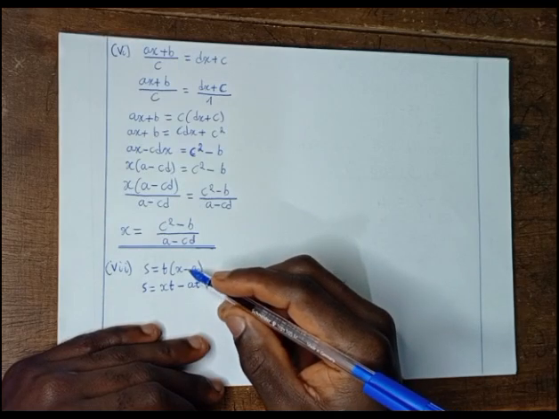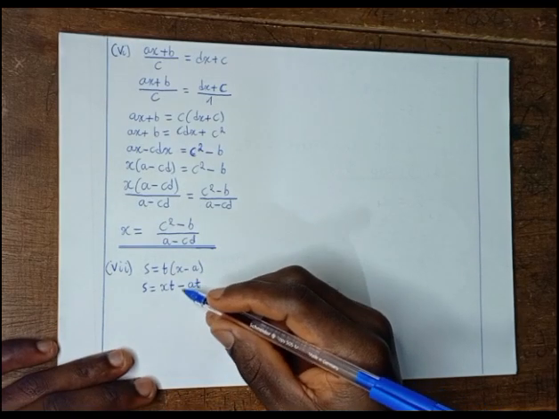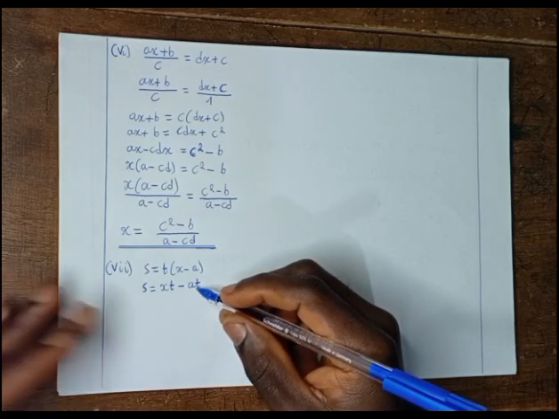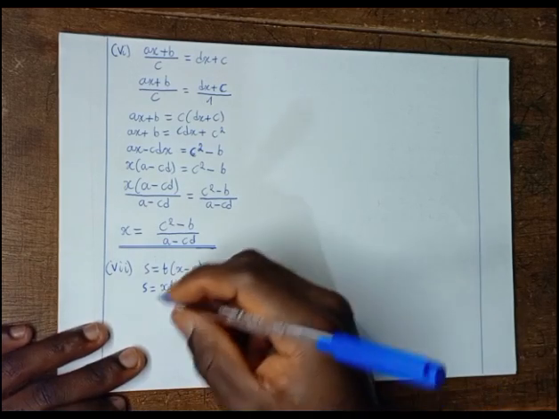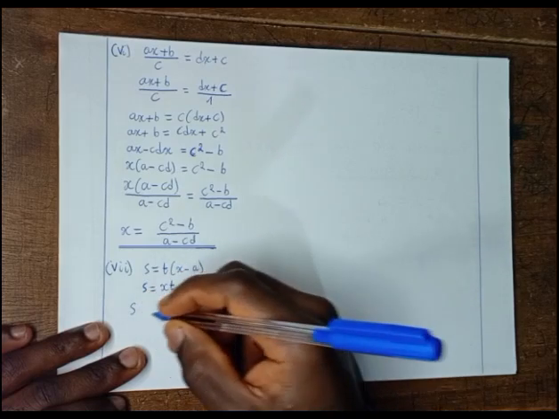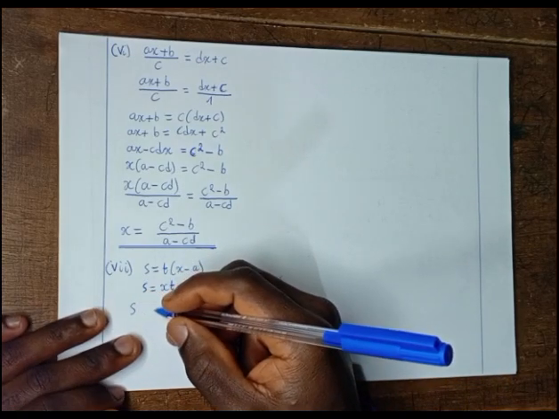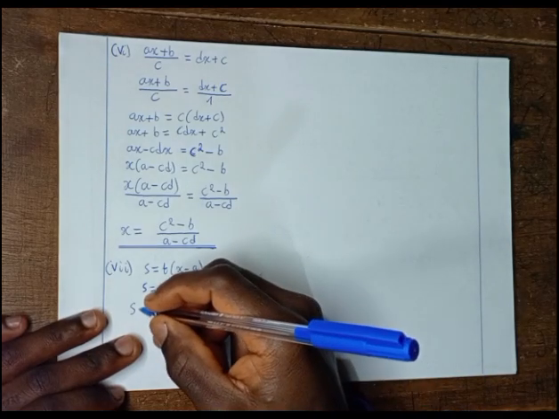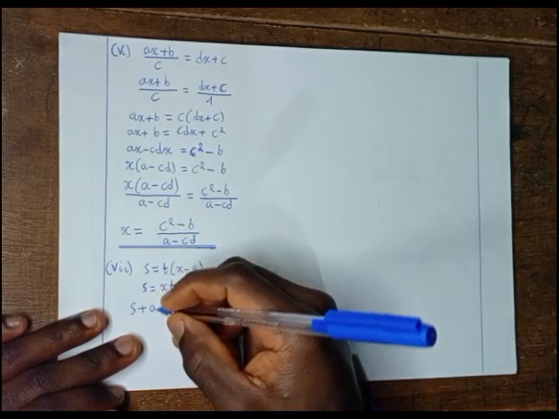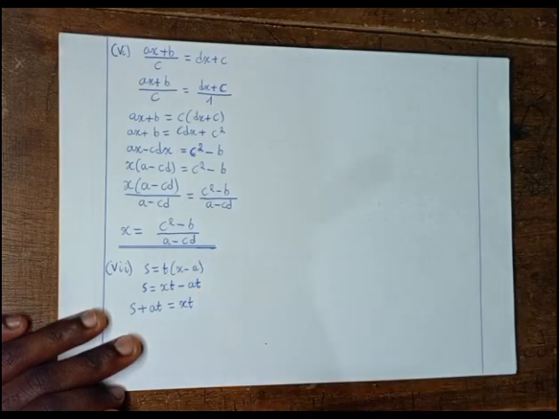We take note of the negative sign. Next, we are going to transfer negative at to the left hand side to meet s. When it crosses the equality sign, it becomes positive. This will give us s plus at is equal to xt.